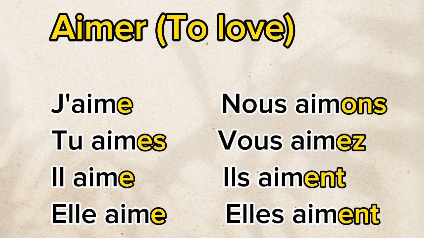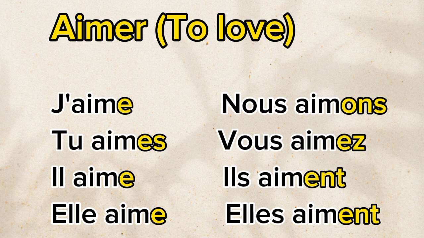You maintain the radical, aim, for all of the personal pronouns. And then you add the corresponding ending. So it will be j'aime, tu aimes, il aime, elle aime, nous aimons, vous aimez, ils aiment, elles aiment.